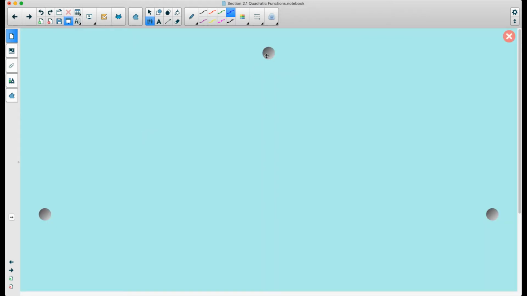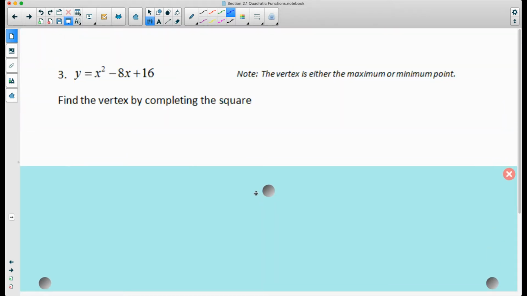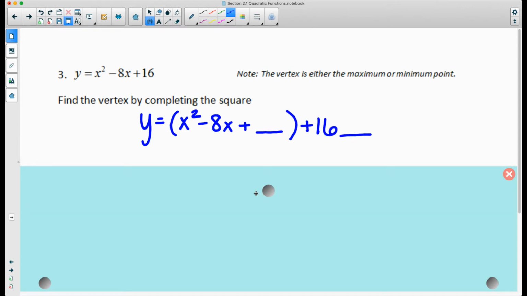So, completing the square is we are going to take our b value, divide it by 2 and square it.